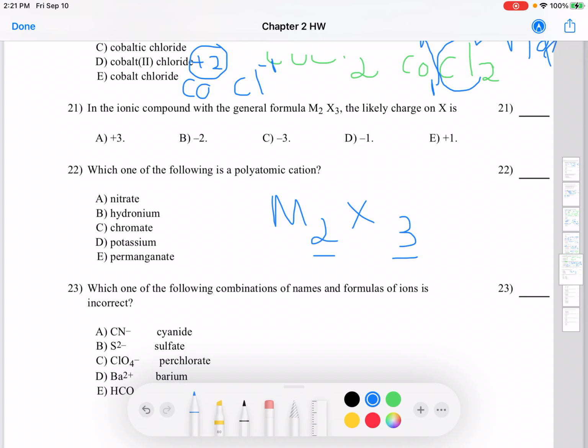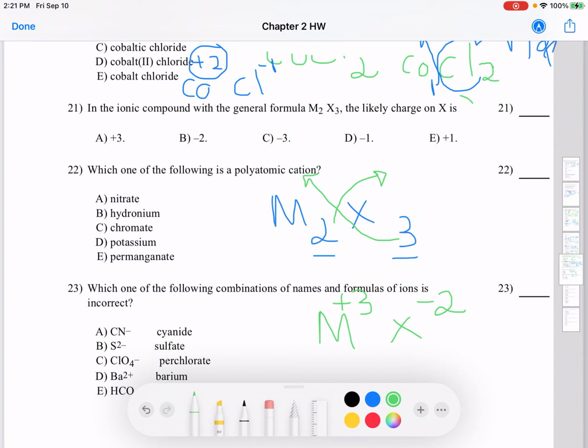If you want to find their charges, just like I mentioned earlier, you can crisscross these back here. 3 goes there, 2 goes as a superscript next to X. Always we write the metal first, and metals form cations, or the positive charge. So the 3 has to be plus, and then the X you put 2 next to it, and the second element is always negative, right?